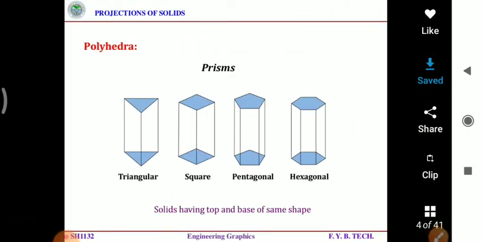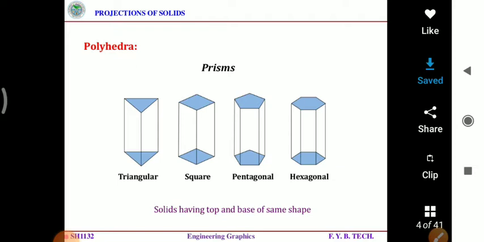There are different types of polyhedra available. Solids having the top and base of the same shape, and bounded by rectangular faces, are called prisms.